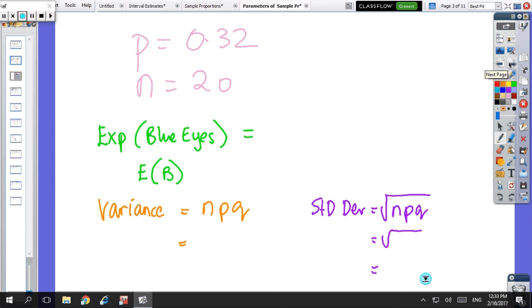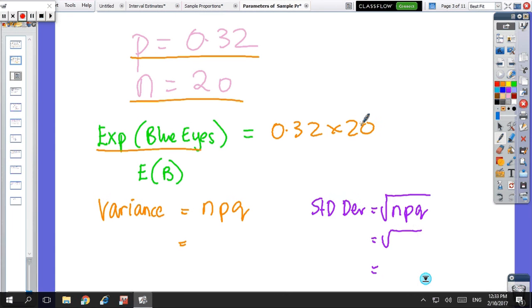So in binomial distributions, we've got the chance of being successful as 0.32, and we had 20 trials. So the expected number of blue eyes would be 0.32 times 20, and that equals 6.4.